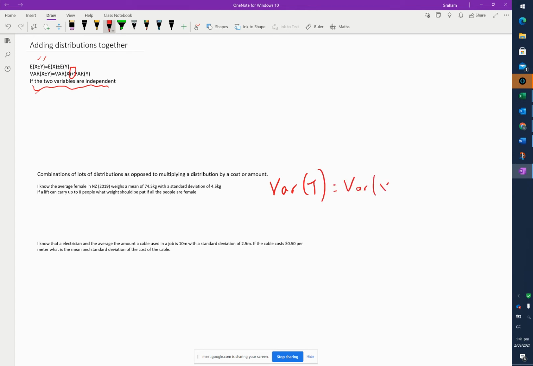That is the variance of 8 individual females, which would be 8 lots of the variance. So to work that out in terms of the standard deviation, that is 8 lots of the standard deviation.